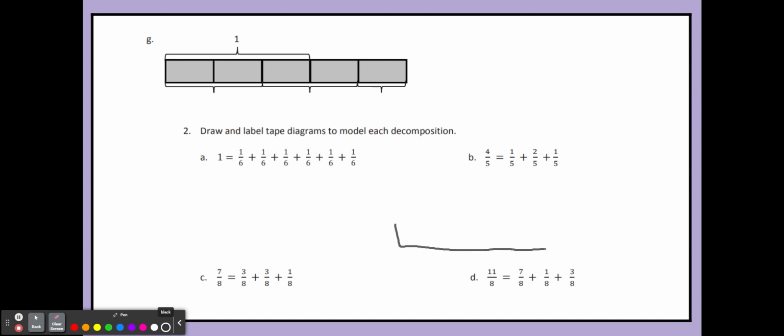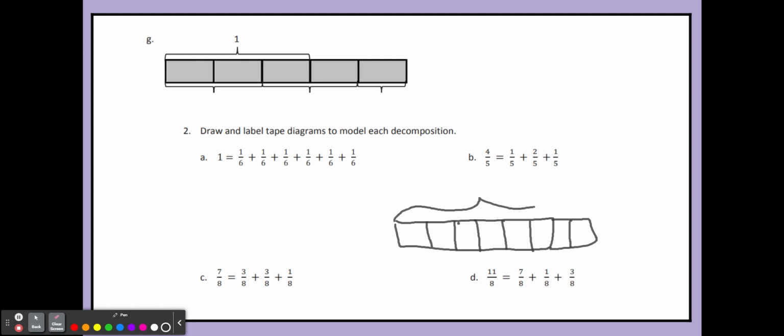So first I'm going to draw my fraction with 8 parts: 1, 2, 3, 4, 5, 6, 7, 8. Okay? And then, so I have 11.